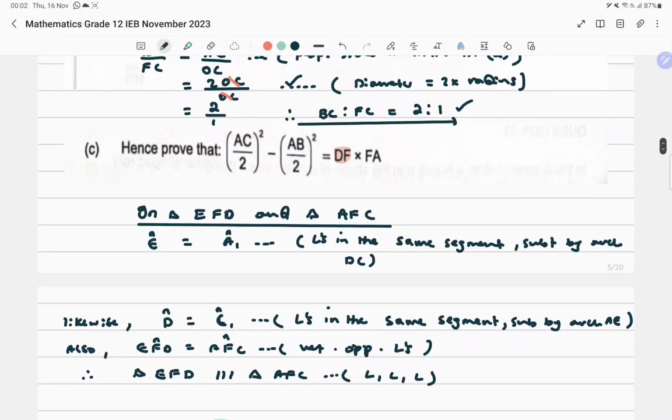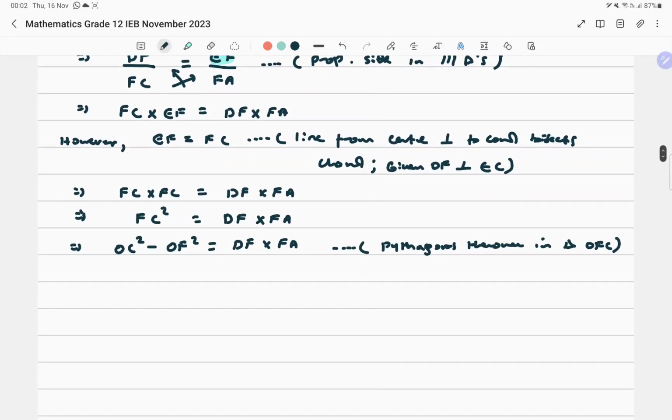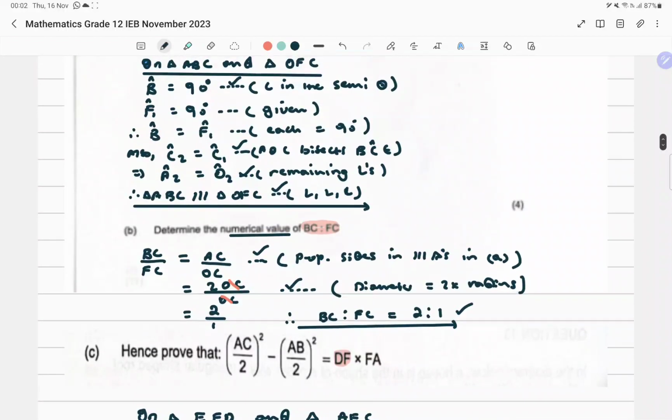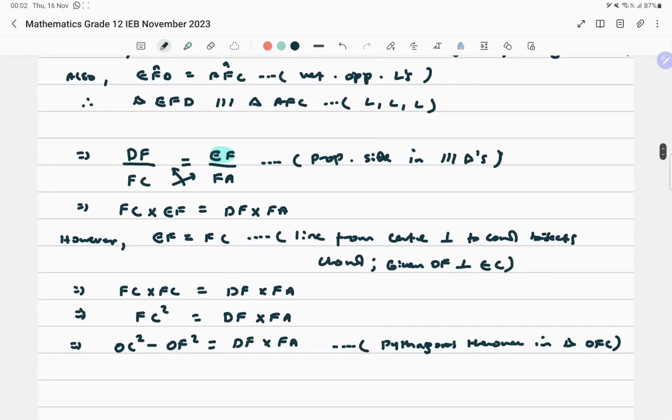But do I really need the Pythagoras theorem here? Because I'm trying to think now, I've introduced OF, which I don't need. I really don't need OF here. Now I'm trying to look at this ratio that we got here. This ratio that we got, we actually should have used it rather than this Pythagorean theorem here.